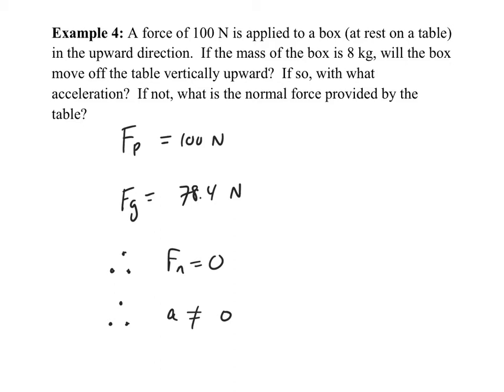So for this problem, my free body diagram is Fp upward, Fg downward, and then we had Fn, which we eventually realized went to 0. But with the free body diagram, I would probably start by drawing Fn in the diagram anyway, because we don't know if Fn exists in the beginning of this problem. Once we recognize that Fp is more than Fg and it lifts off the table, then we can cross off Fn.